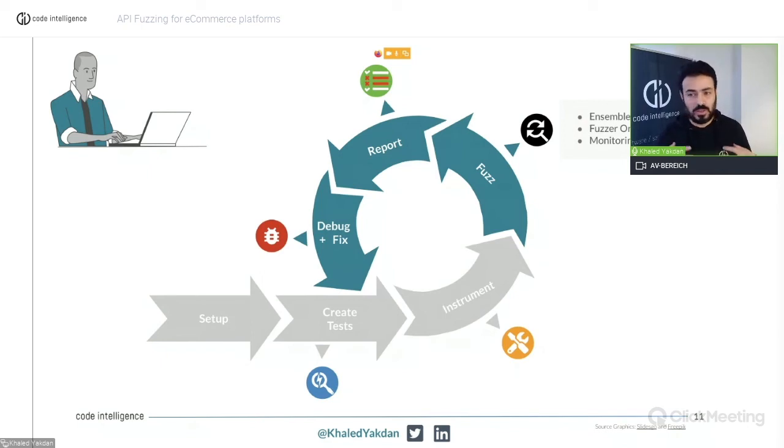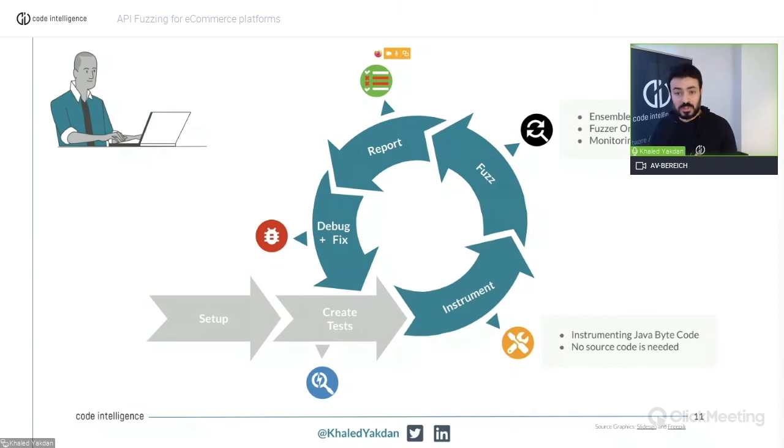We call it ensemble fuzzing, meaning that we combine different fuzzing strategies, different mutation strategies, so that they can work collaboratively with each other to achieve the best results. In the platform, we take care of instrumentation, orchestration and monitoring automatically.